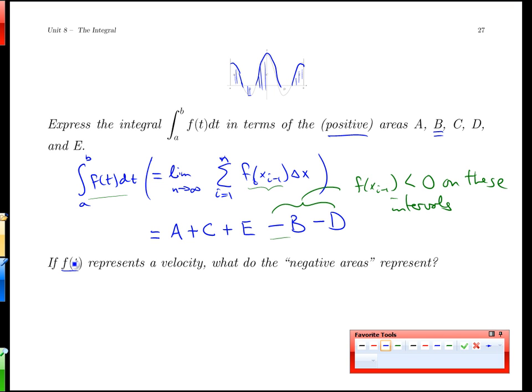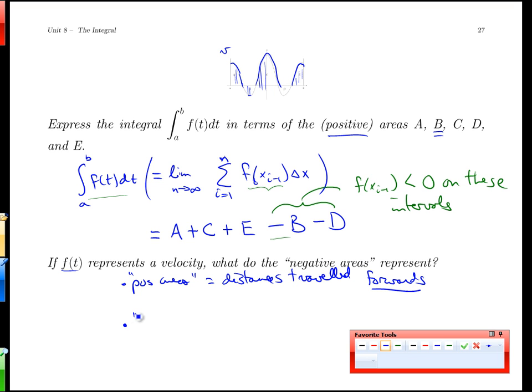It's important to think of a physical example as well. If f of t was a velocity, then what would the negative areas represent? Well, let's go back to the positive areas. Those would be distances traveled. If v is positive, that would mean in the forwards direction.